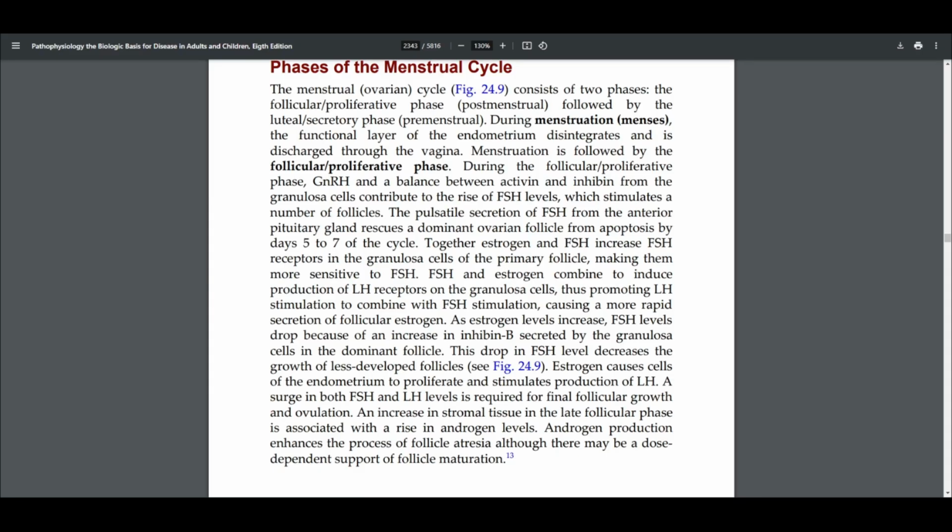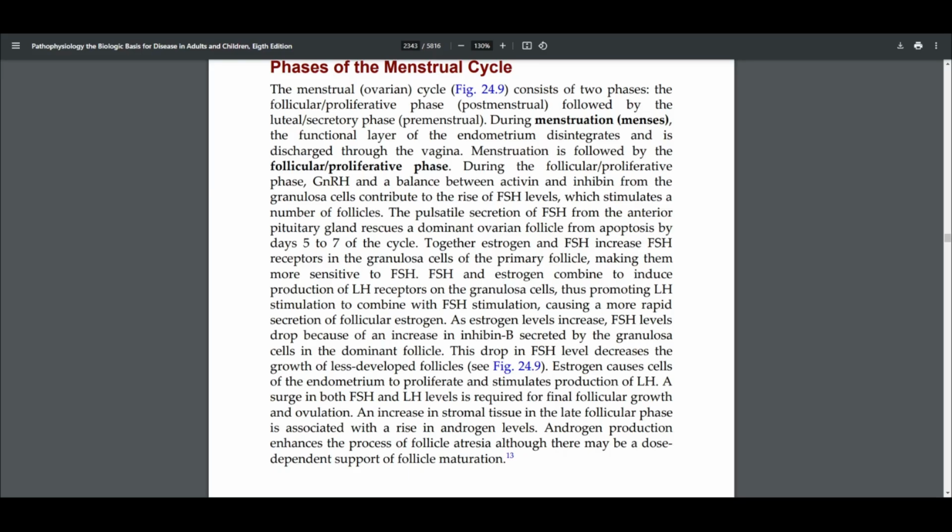During the follicular proliferative phase, GnRH and a balance between activin and inhibin from the granulosa cells contribute to the rise of FSH levels, which stimulates a number of follicles. The pulsatile secretion of FSH from the anterior pituitary gland rescues a dominant ovarian follicle from apoptosis by days 5 to 7 of the cycle.